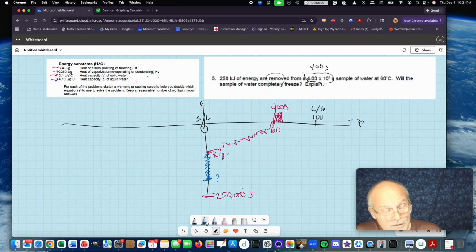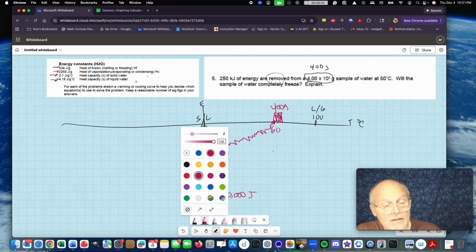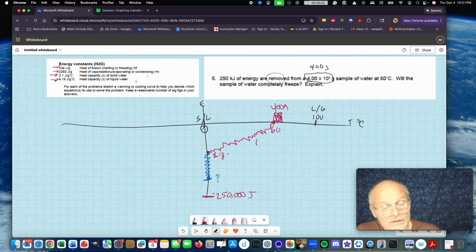So first we are going to be cooling a liquid. So energy is going to be heat capacity of liquid water, 4.18 times 400 grams. I'm leaving my units out. Hopefully you've been following. Times how many degrees? 60 degrees.